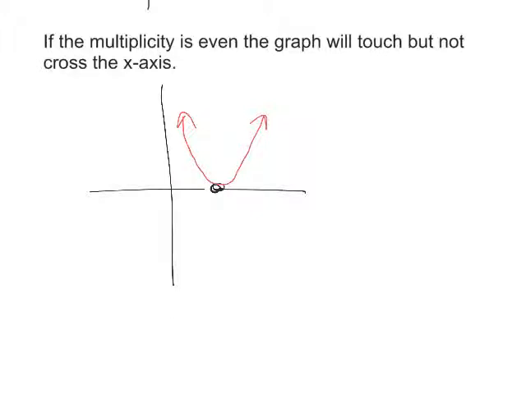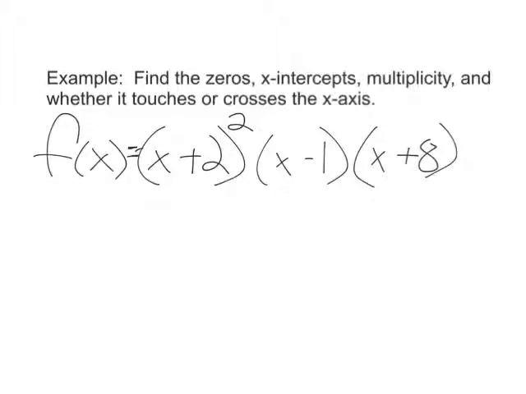So now let's look at a couple of problems and identify the zero, the x-intercept, what the multiplicity is, and whether it touches or crosses. Find the zeros, x-intercepts, multiplicity, and whether it touches or crosses the x-axis. This is our little function, and we've got 3 different factors.